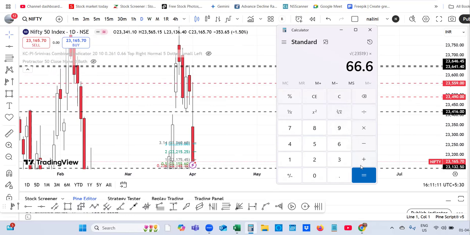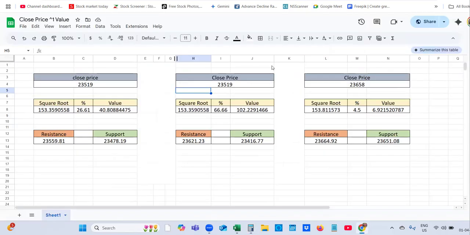When we multiply, I am getting this value. I am taking the percentage, 102. If I add it to 23,519, I am getting this value 23,621. You can see over here.